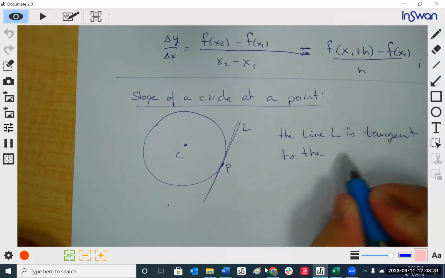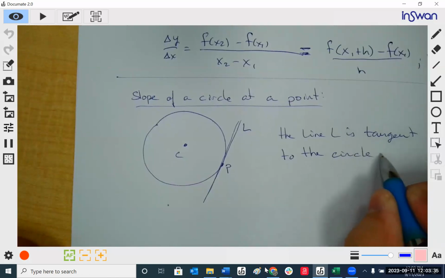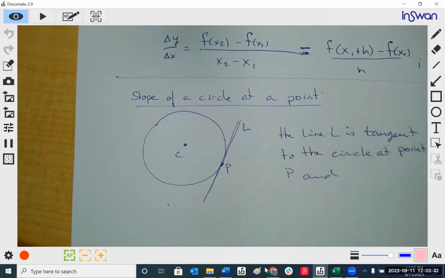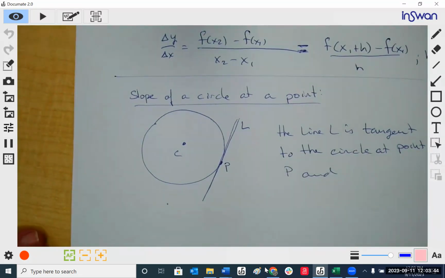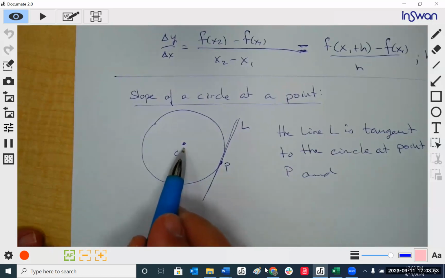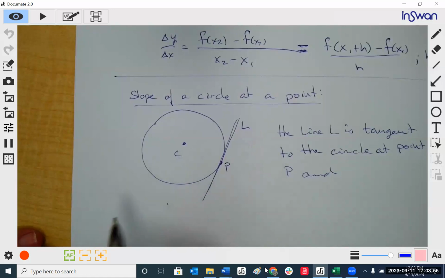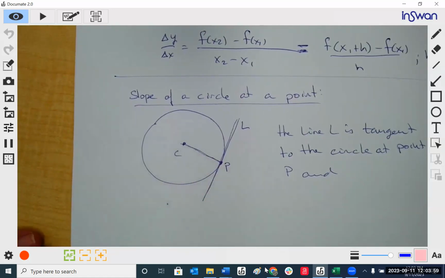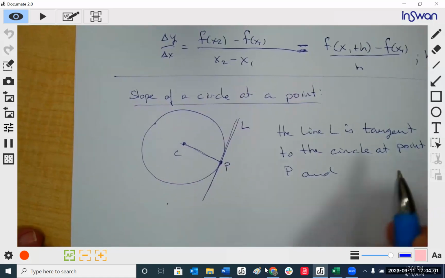The line L is tangent to the circle at what point? At point P, and what else? We have to relate the center because it is a circle. And what do you call this line?